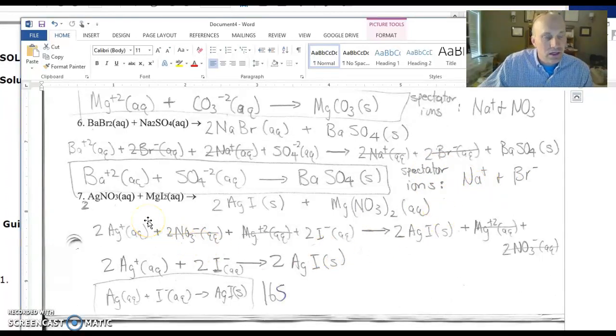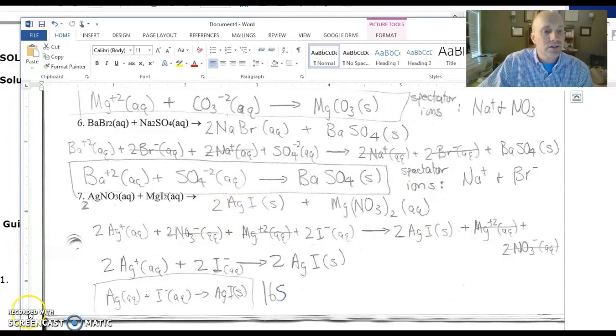Okay. Last problem. We got silver nitrate with magnesium iodide. All right. That's going to overall make this balanced reaction. So how do we know which one of these is solid and which one is aqueous? Remember, anything with a nitrate is going to be soluble, so that's why that is aqueous.